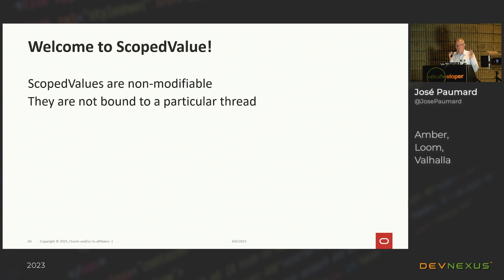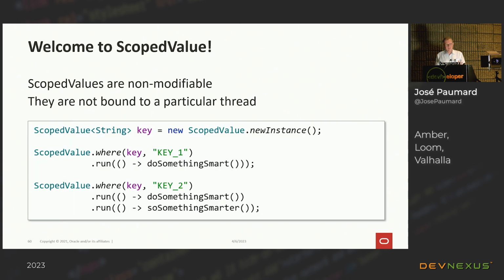For scope values, your scope value is not bound to a particular thread, it's bound to the call of a runnable. This is the pattern to create a scope value and to bind it to a specific runnable. So you create one with ScopedValue.newInstance, okay? And this key object should be accessible to wherever you want to read it.